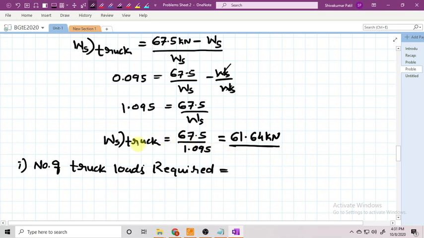Total solids required divided by the solids carried by one trip of the truck will give you the number of truckloads.